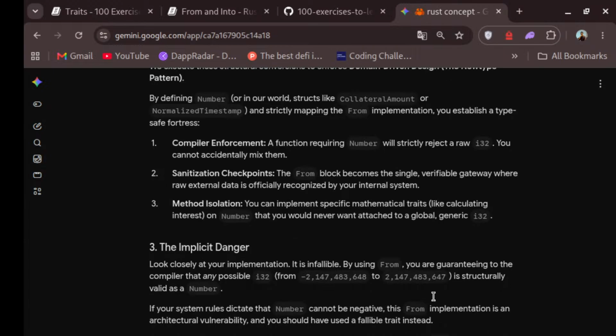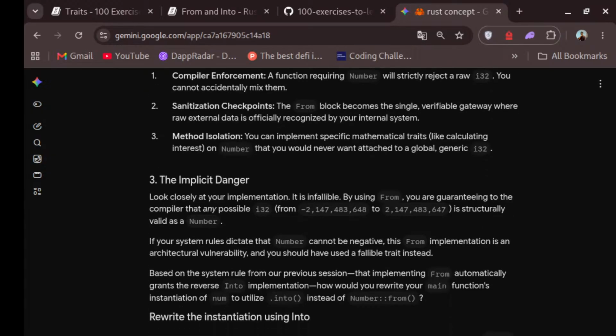Okay, I understand that. Okay, so if you want to compile any possible From to be exactly treated as a Number, and if a Number cannot be negative, from the implementation and architecture you should use a failable conversion based on the system rules, which automatically guarantees the reverse.